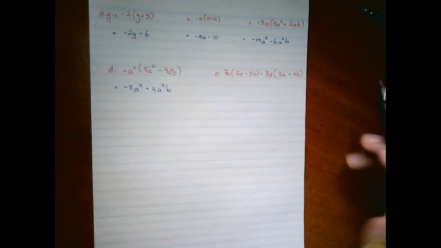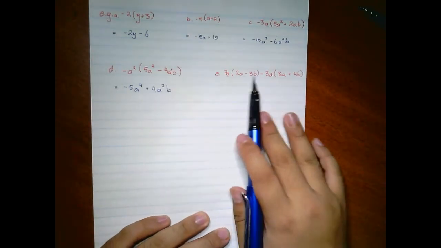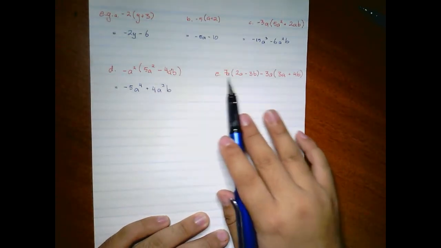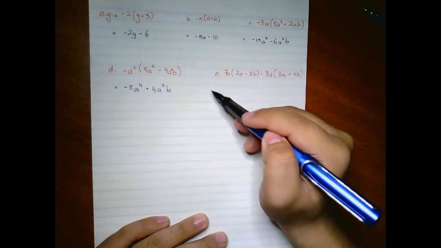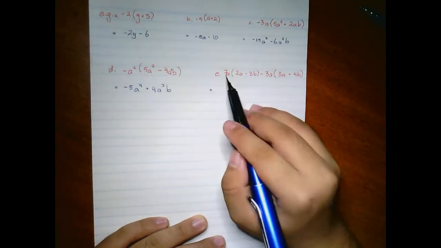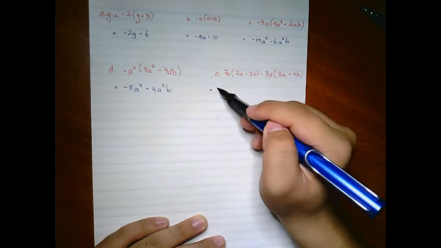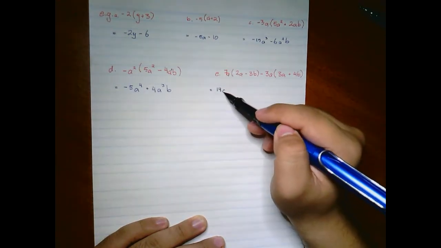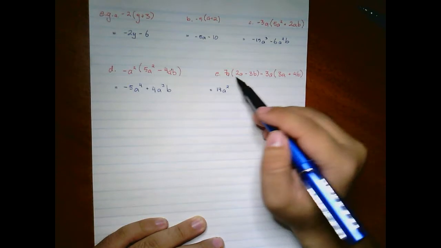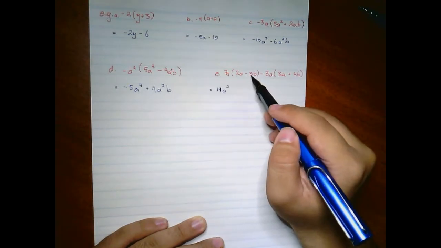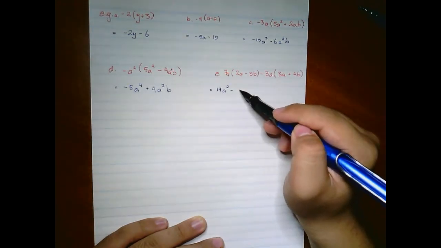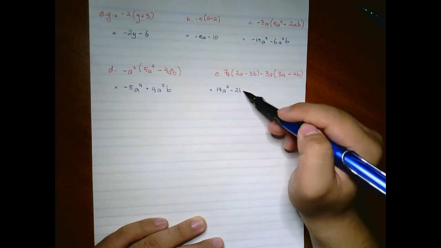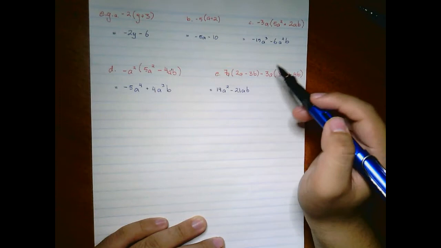So the first thing we're going to do is expand each group individually. So let's expand this group first. This is going to become 7 times 2 is 14. A times a is a squared. 7 times negative 3 is negative 21. A times b is ab.